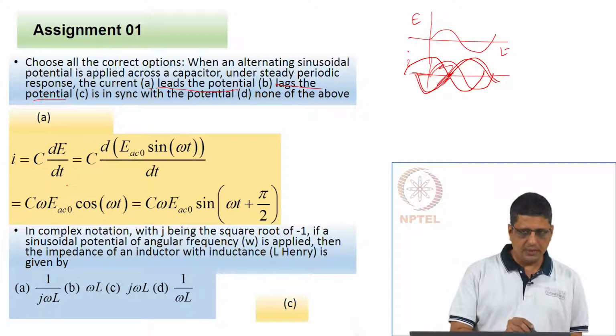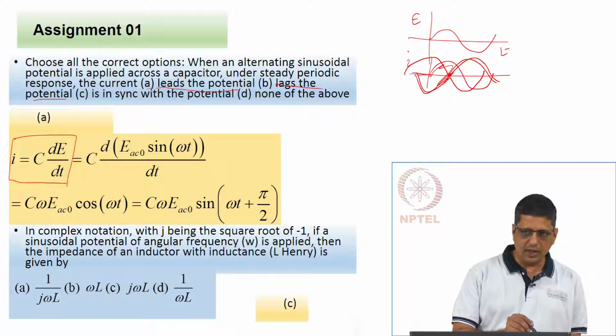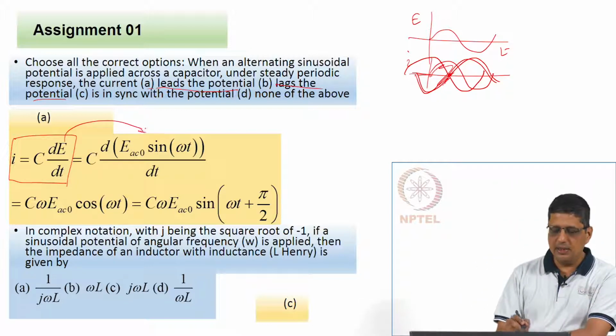In case of capacitor, the relationship between current and potential is given by this equation, that is derivative of potential with respect to time, multiply that by capacitance, you would get the current. And when we apply sinusoidal wave, we would say E is E_0 sin omega t.